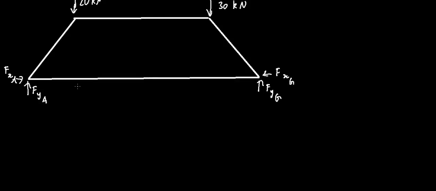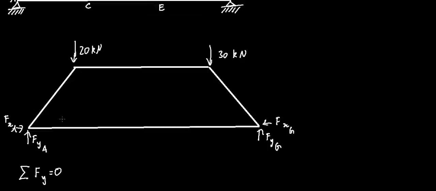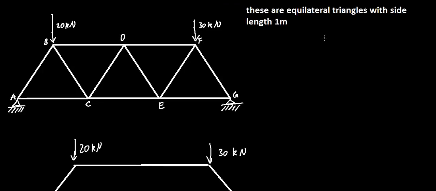Since we know that this whole bridge doesn't move anywhere, the sum of all forces in the y-axis is equal to 0. So what are all our forces in the y-axis? Let's set our notation for reference: up is positive, across to the right is positive, and clockwise is also positive.